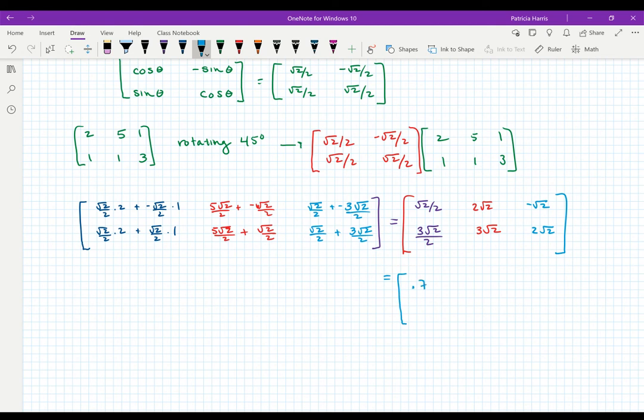So first one would be 0.7. Okay, and 2.8. Actually have two 2.8s.